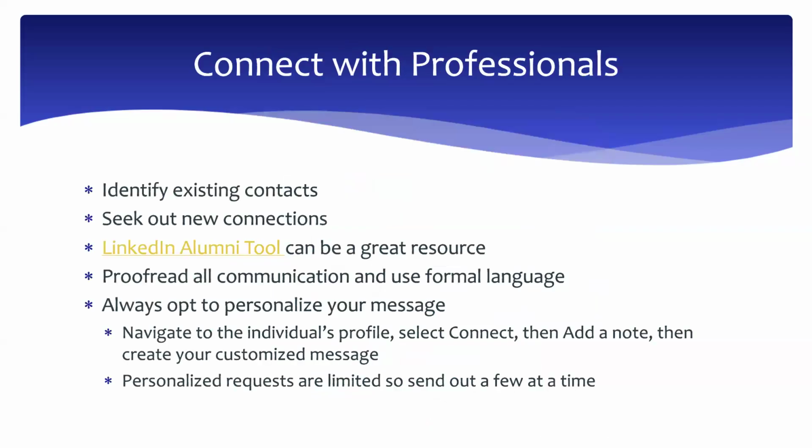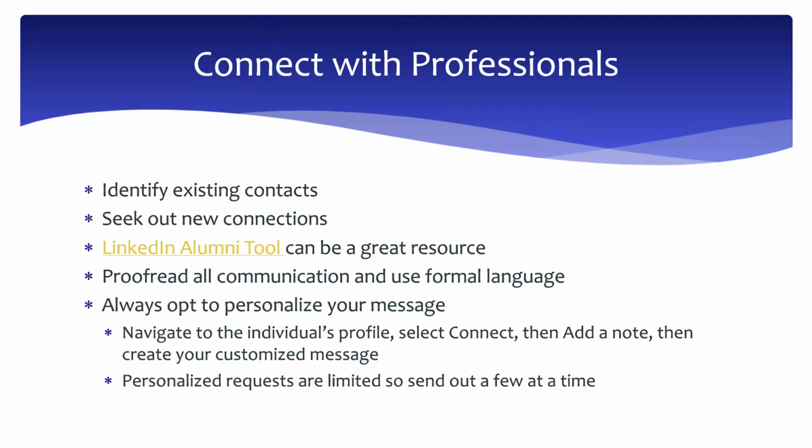It's a good idea to start with people you know, because if you are reaching out to recruiters or alumni that you don't have a personal connection with, then it looks like your profile is more active than if you have 5 connections and you're reaching out to somebody. The alumni tool, which I can show you all a little bit, is a really good way to find connections, especially if they are alumni.